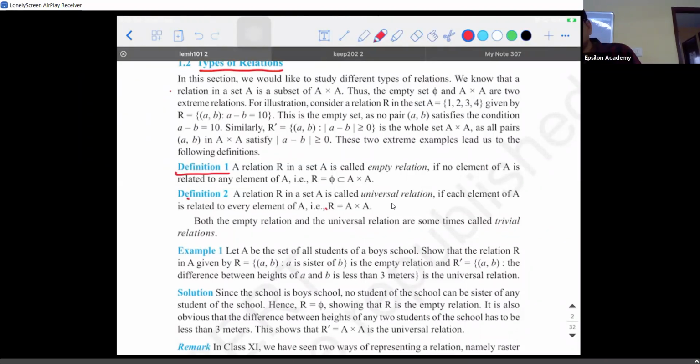So now everybody is clear about what a relation is, right? If I talk about a relation R in set A, then you can call that relation an empty relation under what scenario? When can you call a relation R an empty relation?